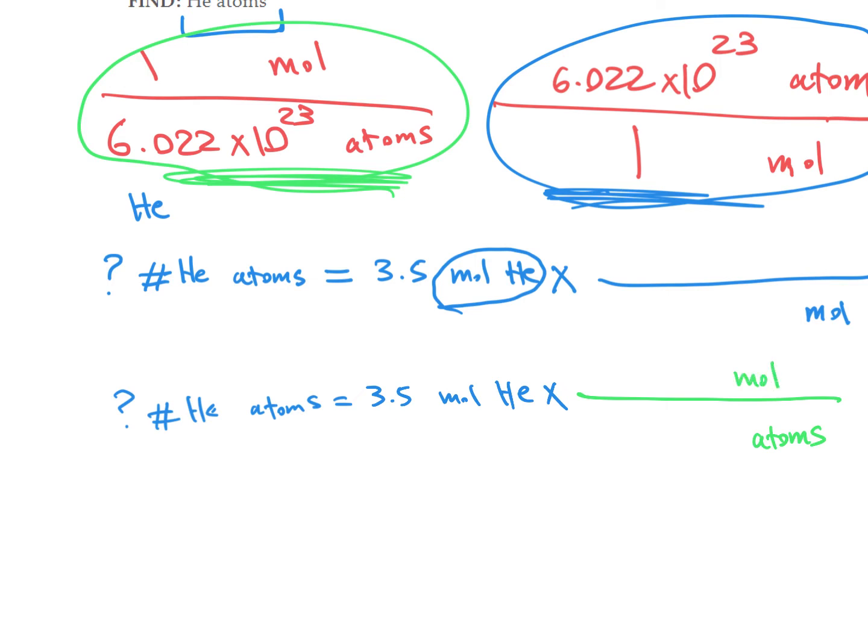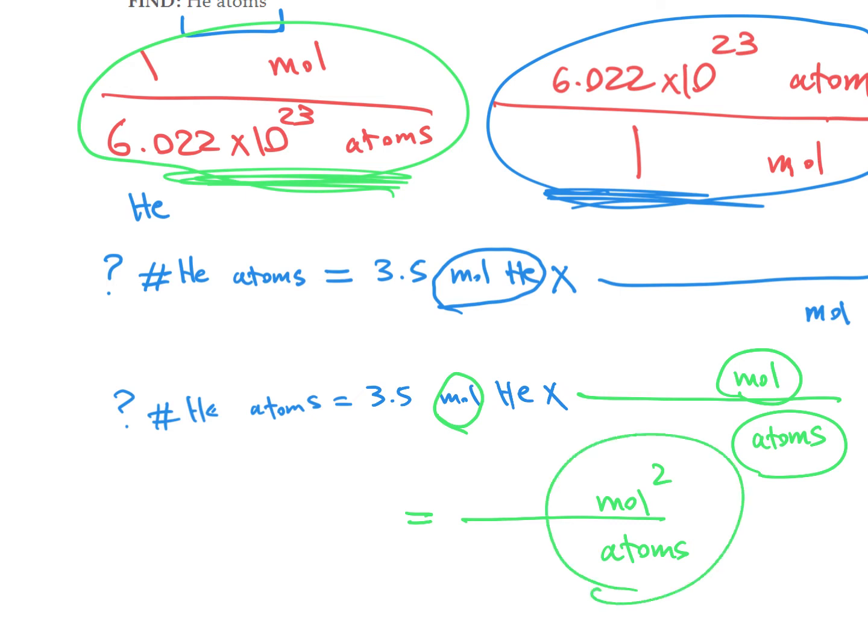How many helium atoms equal 3.5 moles of He multiplied by the green one? What would be the unit at the end? Can anyone tell me? Exactly. So did this give me the number of atoms? No, right?